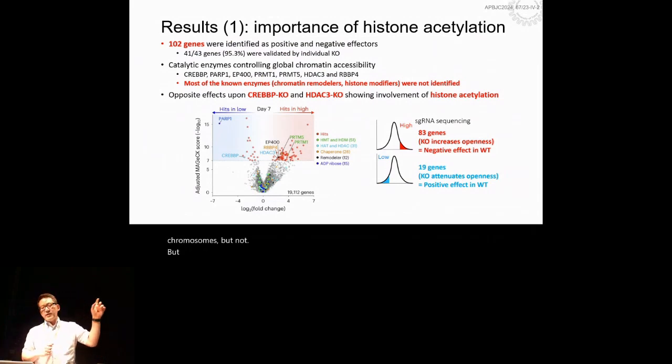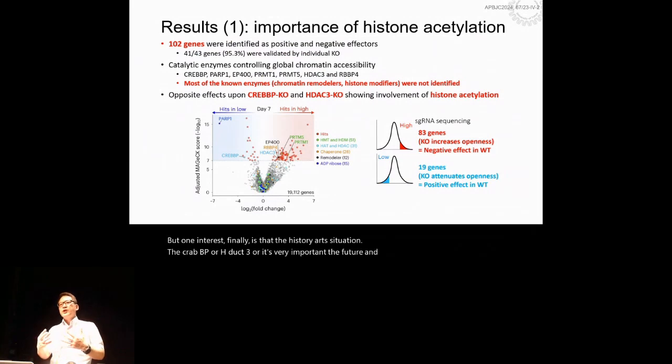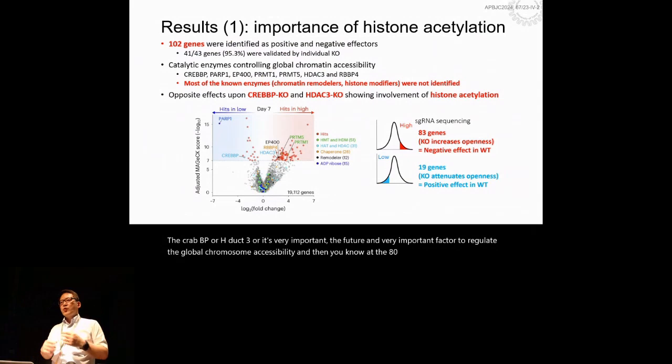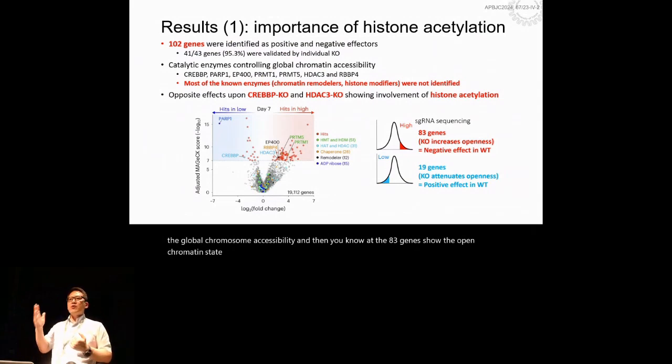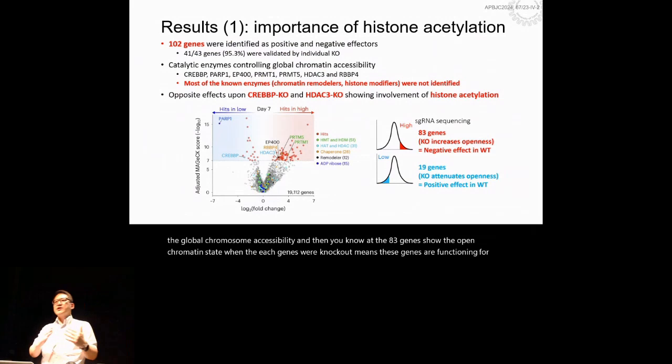One interesting finding is that the histone acetylation mediated by CREBBP or HDAC3 is a very important factor to regulate the global chromatin accessibility. And then 83 genes show the open chromatin state when each gene was knocked out, meaning these genes are functioning for suppressing the chromatin accessibility in wild type.